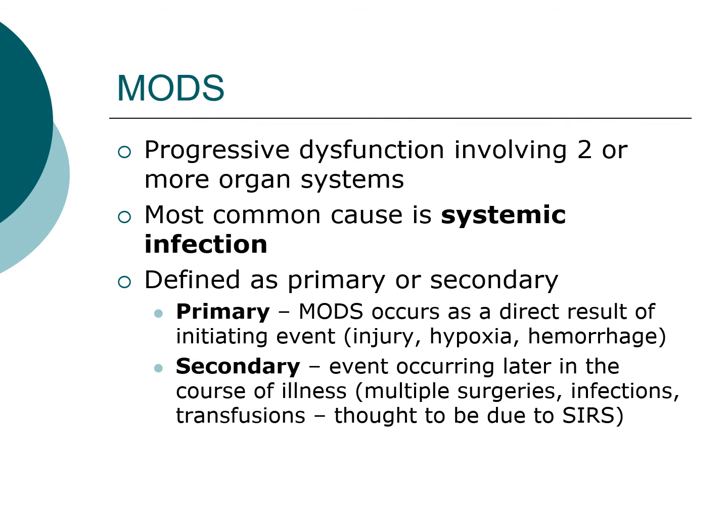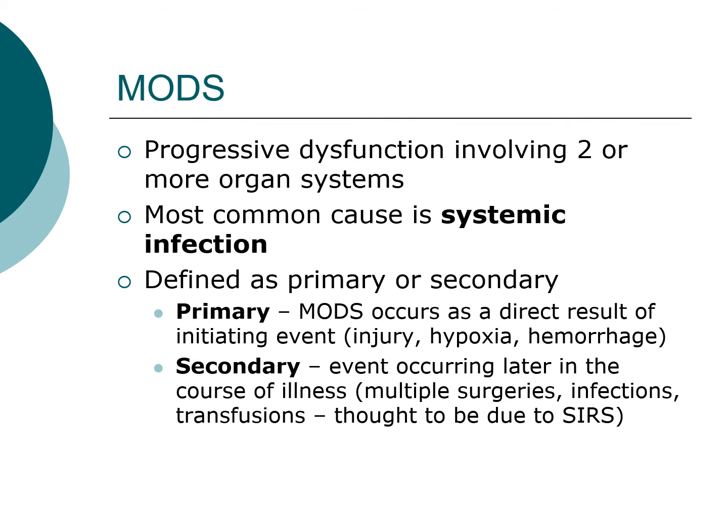Here's a little comment about MODS right now. MODS is the multi-organ dysfunction syndrome, and it's progressive dysfunction. If it's multiple, it would be 2 or more. Here's our most common cause. And there could be primary or secondary MODS. So think about that for a minute.